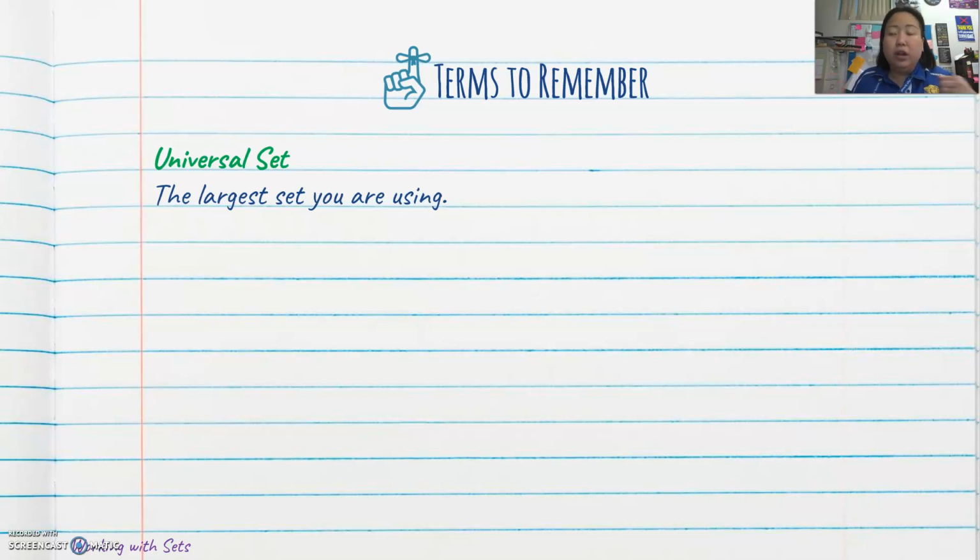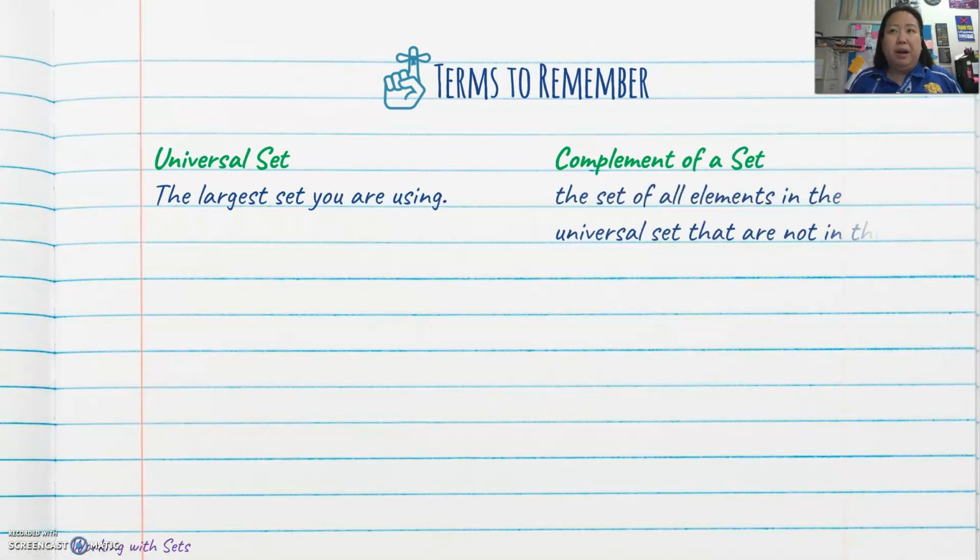If we say we're talking about the subset of integers, integers is a smaller set that is found in the universal set, which is the real numbers. Now, why is defining a universal set important? When we talk about the complement of a set, we are talking about the set of all elements in the universal set, in the bigger group, that are not in a given set.